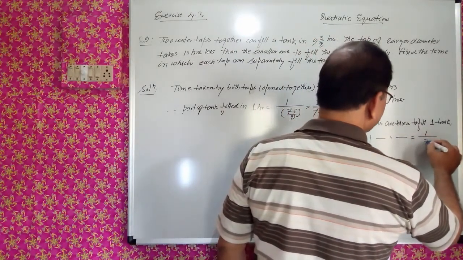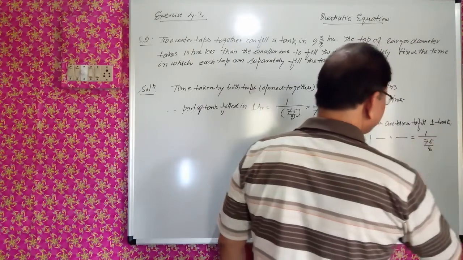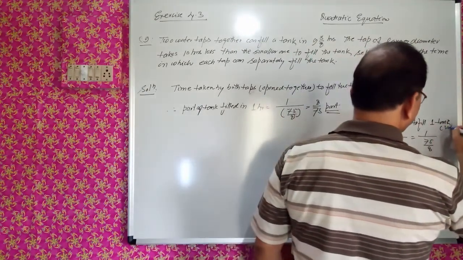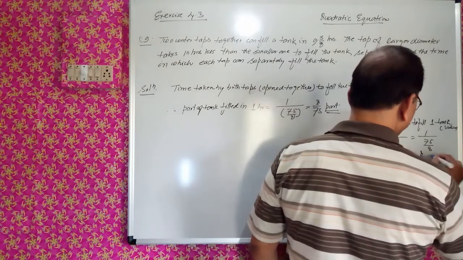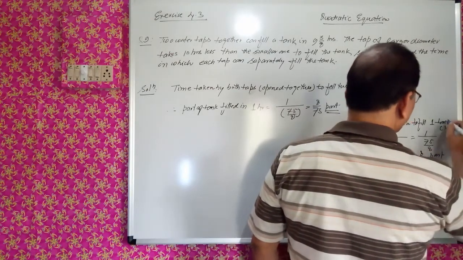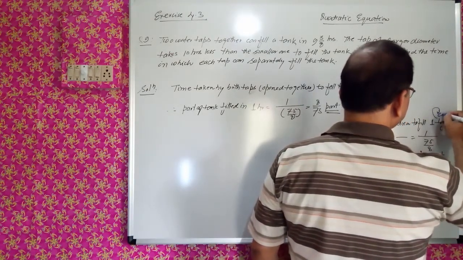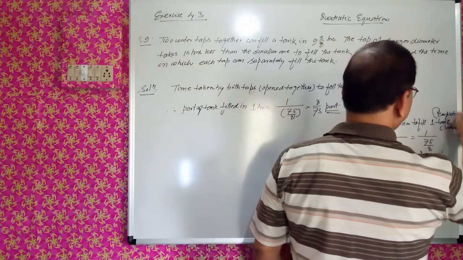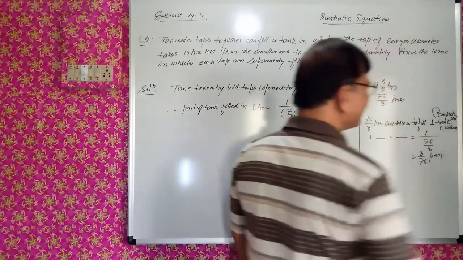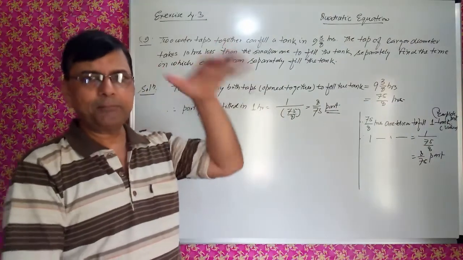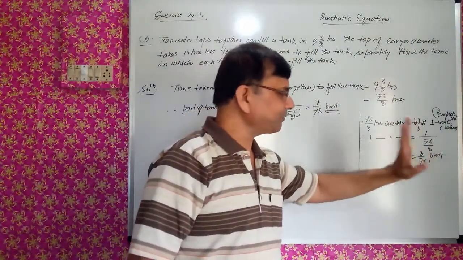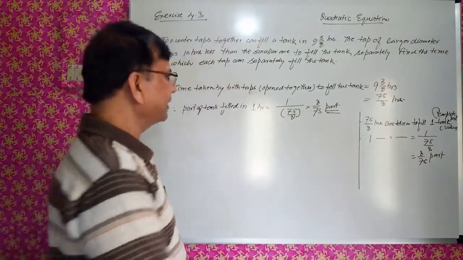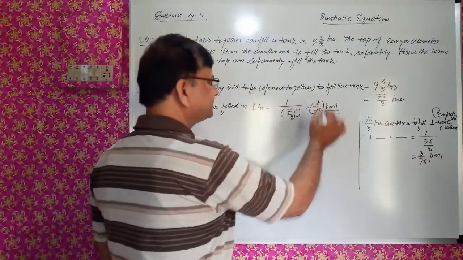That is 1 upon 75 by 8, and here we are talking about the volume, that is equal to 8 upon 75 part. One tank means complete part. When we talk about one tank, it means complete, full, right? And in 1 hour, this much part is getting filled.